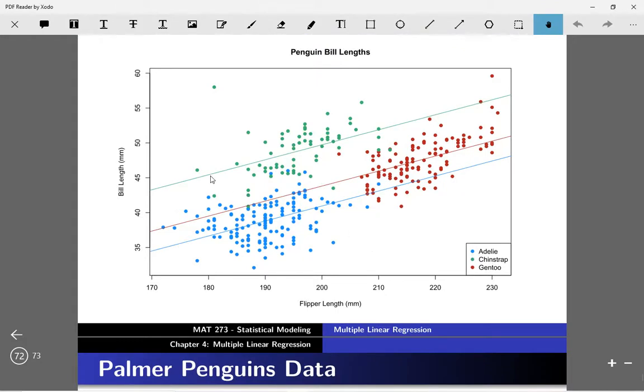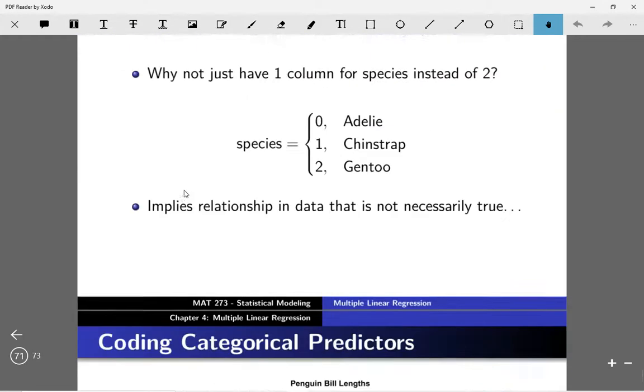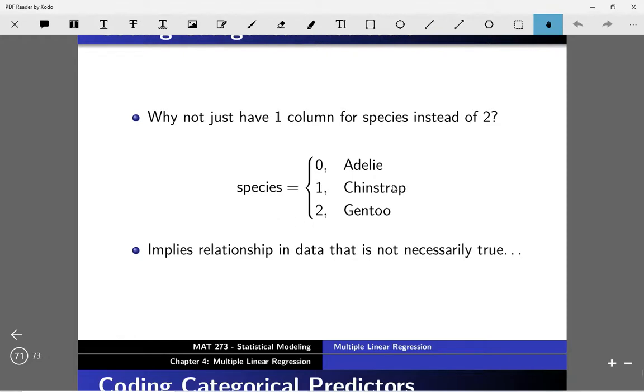So chinstrap green to Gentoo red. Yes, okay. So the distance from red to green is not the same as the distance from blue to green. But if you were to code species in this way, you would be implicitly assuming that and actually constraining your model to force that to be true. But that's not the case.